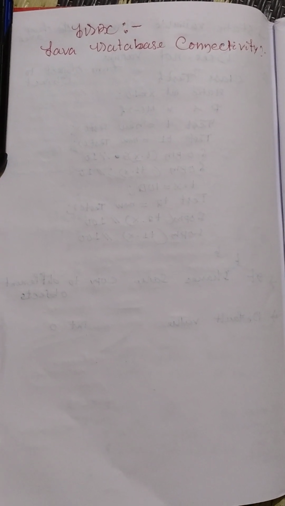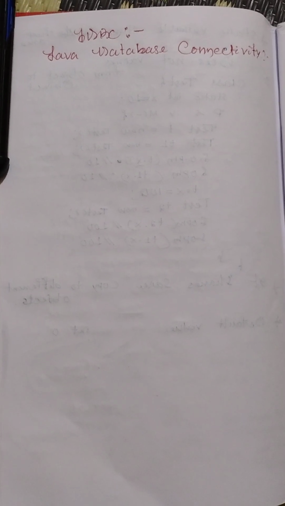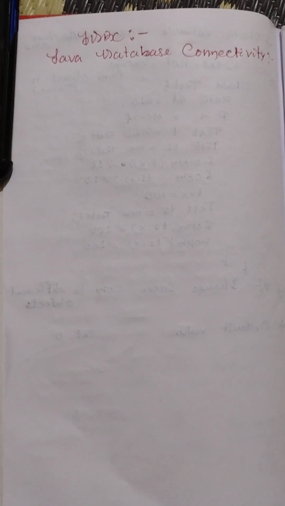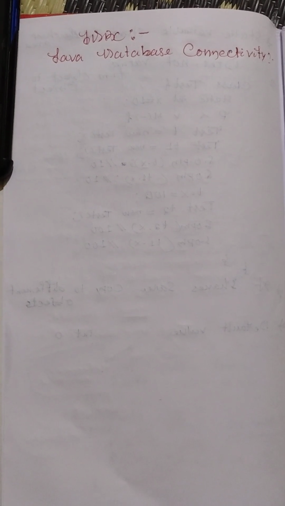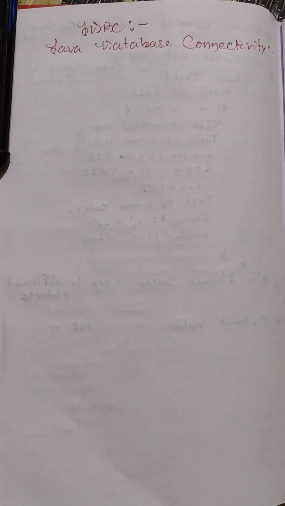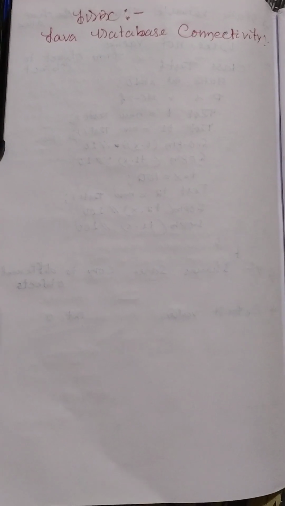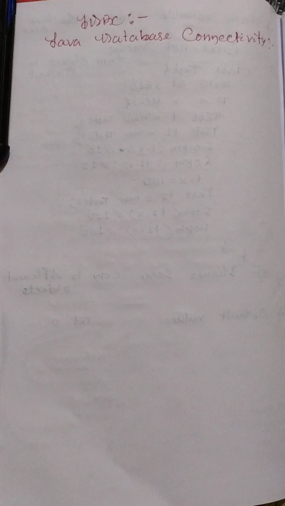Today we're going to start JDBC. JDBC means Java Database Connectivity. What do you understand by that? It means to connect a Java application to the database, to communicate with the database.